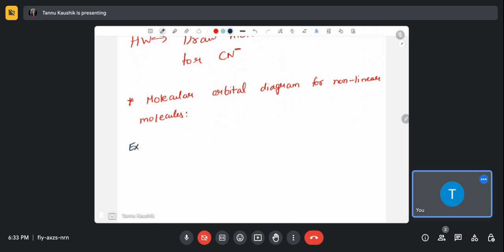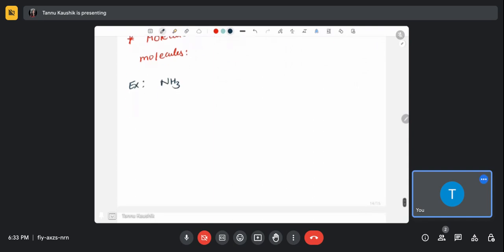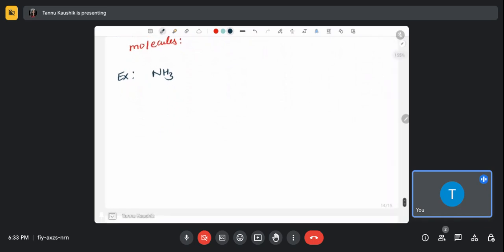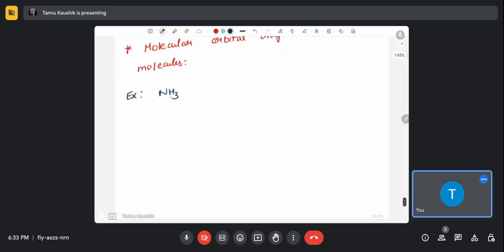If we take the example of NH3, firstly we will find out the symmetry for 2s and 2p orbitals of the nitrogen atom.